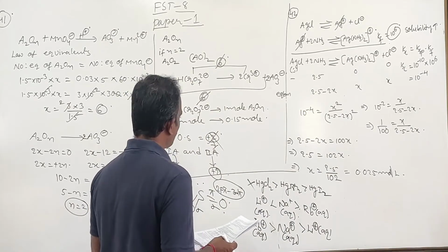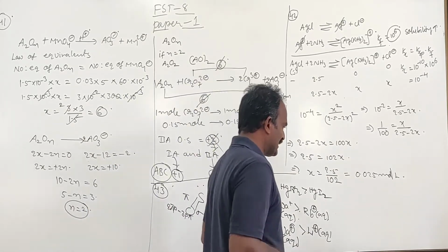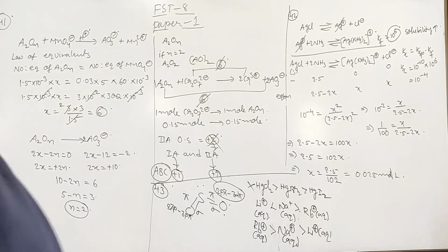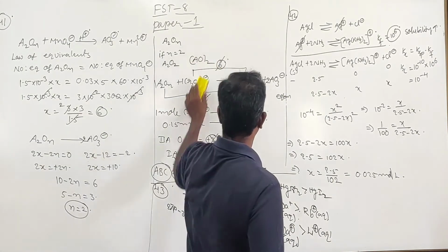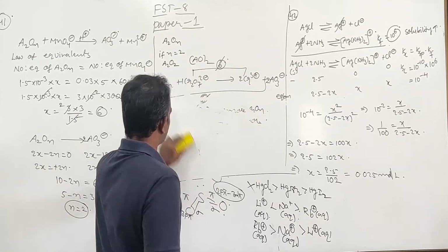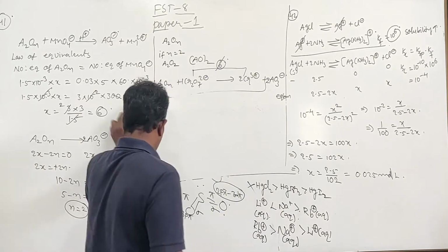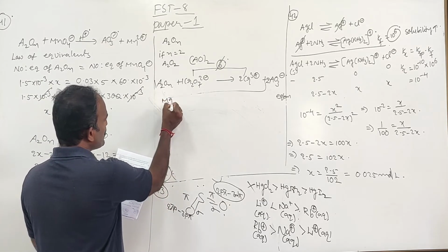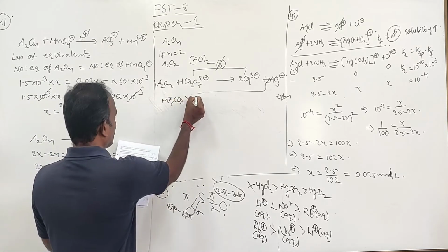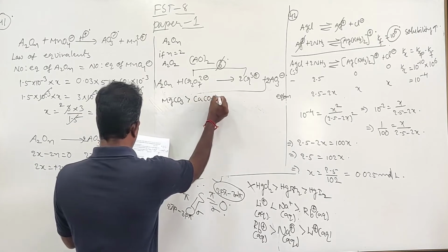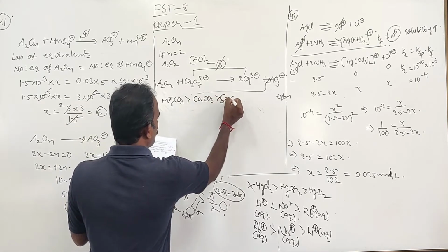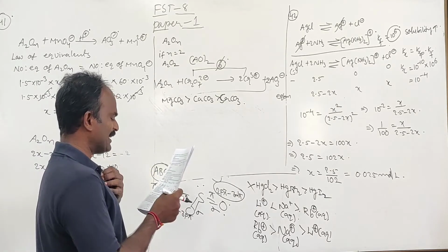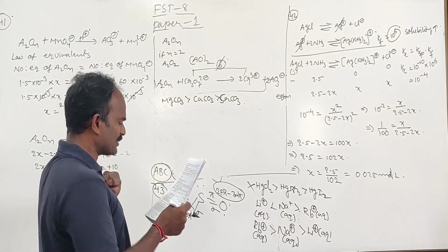And they also mentioned one more part, that we will see. They have mentioned MgCO3 is greater than CaCO3 is greater than SrCO3, the order of magnitude of Kp for the reaction at the same temperature.